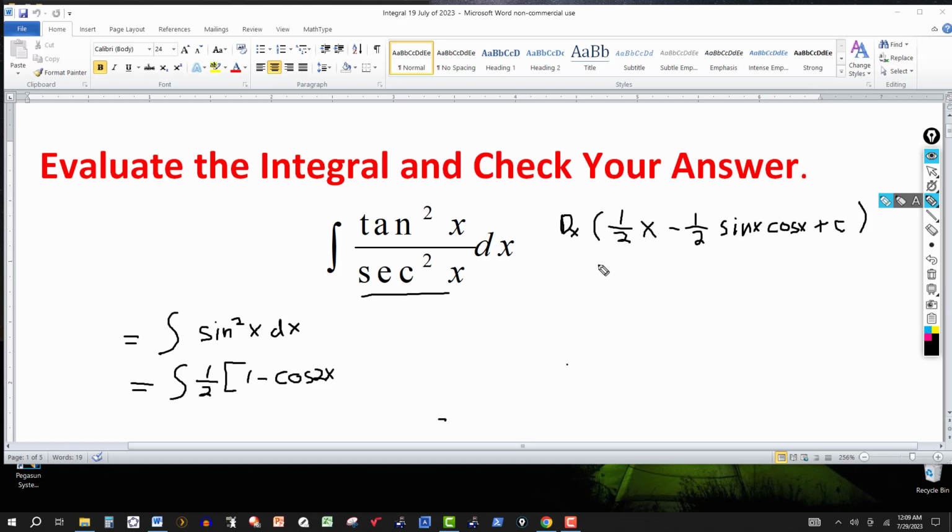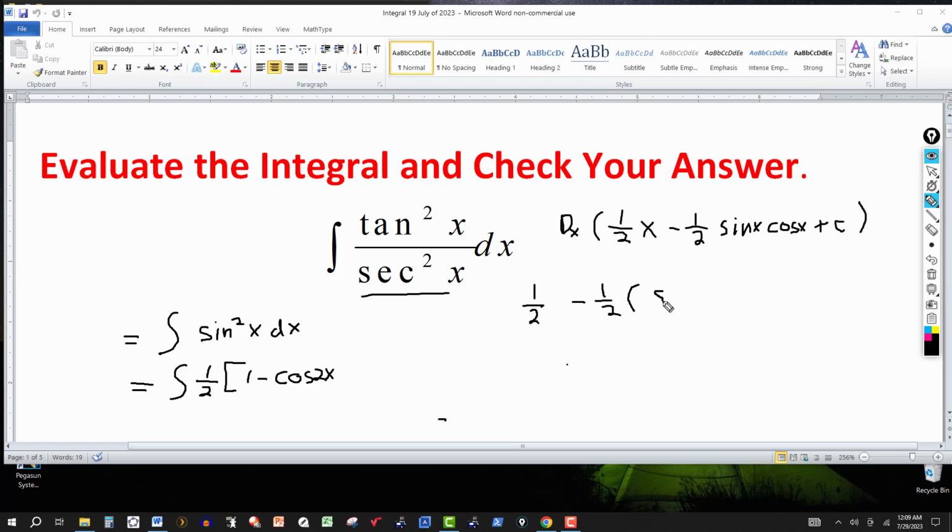So let's compute this, distributing the derivative. Derivative of 1/2 x, that's 1/2. We have a minus 1/2 here. So I'm taking the derivative of this right here, but minus 1/2 is a constant, so I'm going to just leave it outside there. And then I use the product rule here.